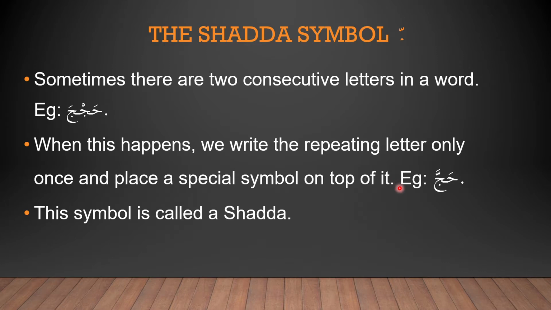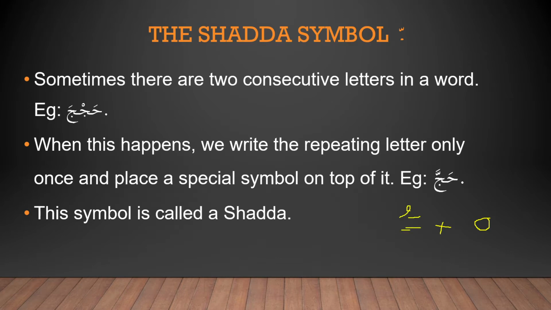Now what does Shadda do? It joins two syllables. In the previous video we have learned about syllable type 3, right? So we learned about the Sukun symbol. This means Sukun symbol plus Fatha or whatever other. Shadda is Sukun symbol plus another kind of symbol, whether it's Fatha or Kasra or Dhamma, it doesn't matter.